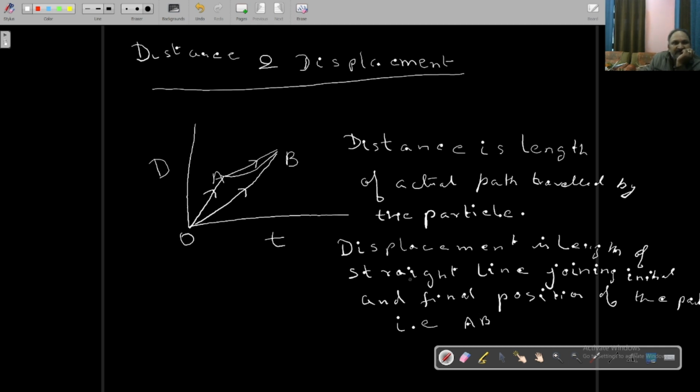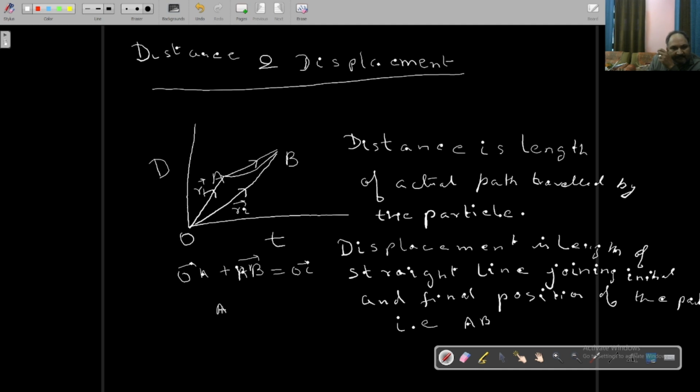What will be the displacement in this case if this is R1 vector, R2 vector? It will be OA plus AB equals OC vector.